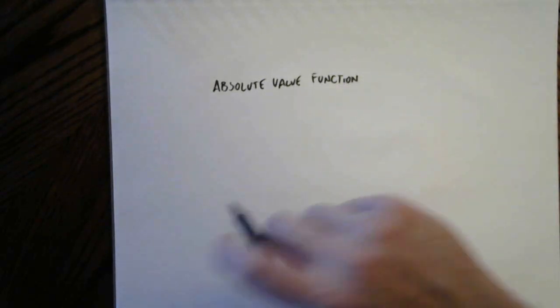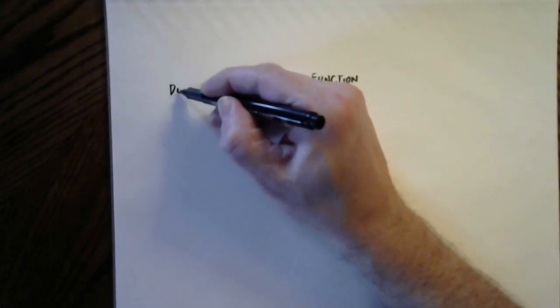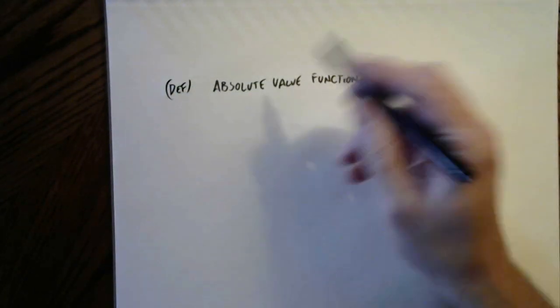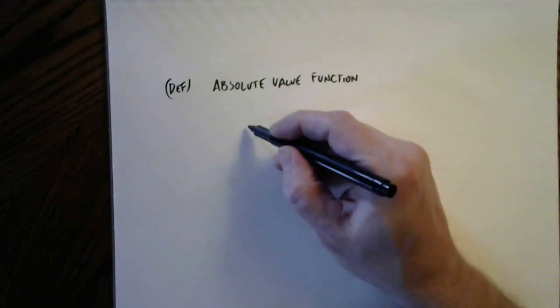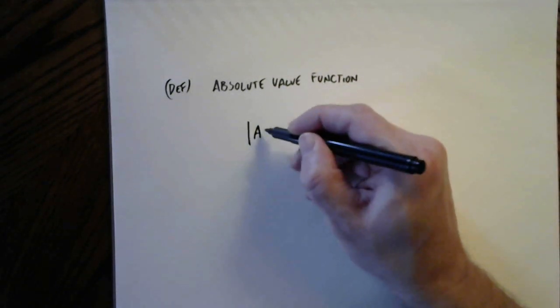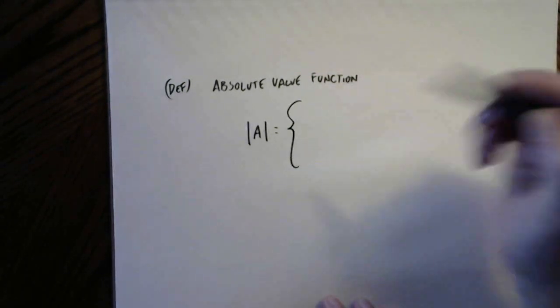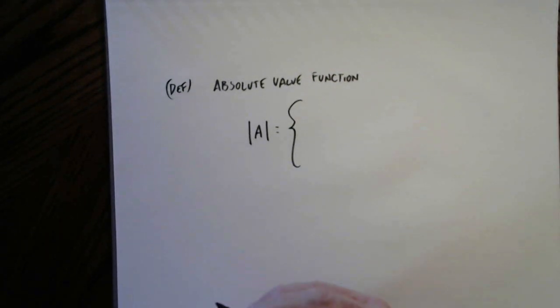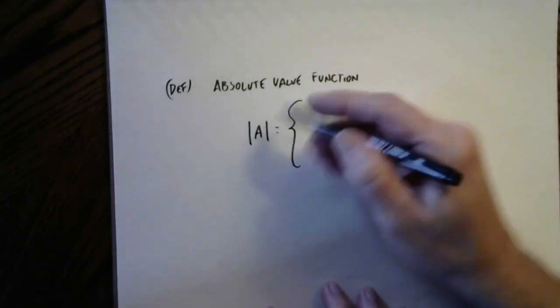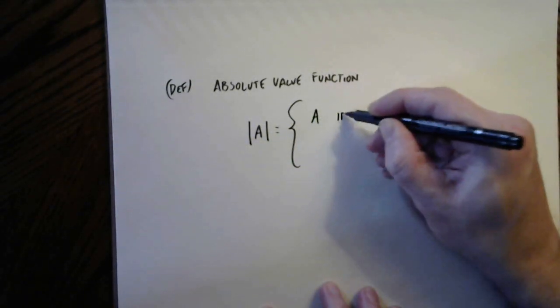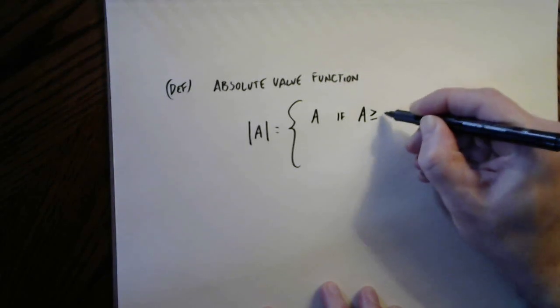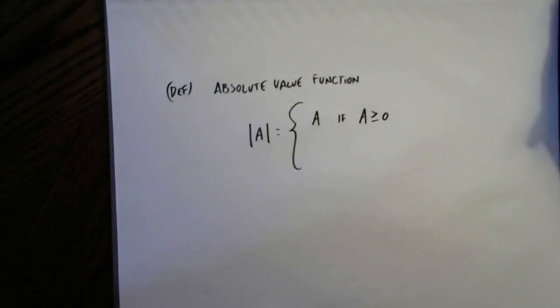So the precise definition, and this is a definition, of the absolute value is this. Absolute value of something equals, and this is actually a piecewise function, it equals whatever it is if it's non-negative.